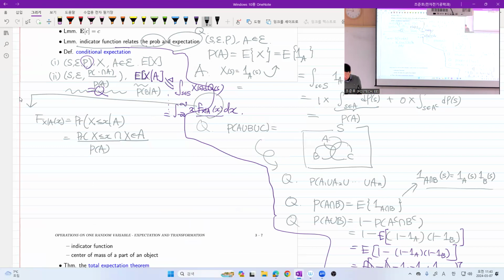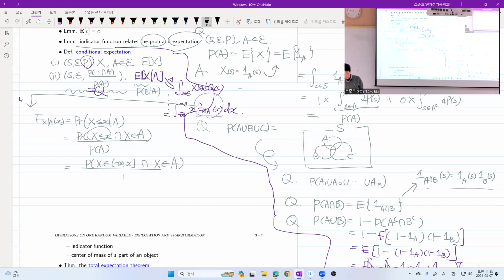Got it? This is a strange notation, of course, very abused. So what can you say about this? X in the interval minus infinity to x, and X in the set A. Of course, this X in the set A is very confusing.